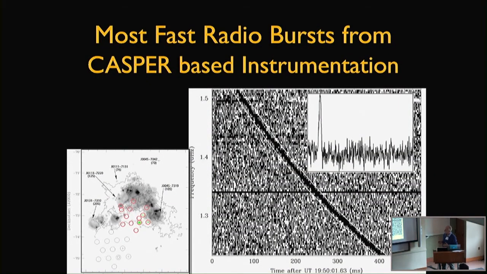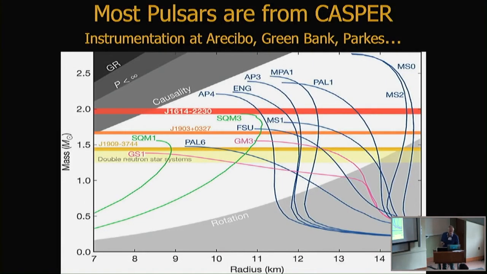Most fast radio bursts are coming out of CASPER-based instrumentation. Most pulsars are coming out of, this is the most massive pulsar ever found that came from one of our grad students, Paul Demarest. Found this thing recently, not recently, but it was the most cited paper in physics because they were interested in these very high density equations of state.